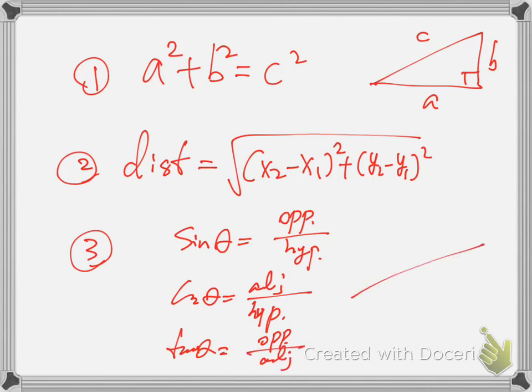We are looking at angle theta here, so this side is the opposite side, this side is the adjacent side, and that is the hypotenuse side. Look at the opposite first; the adjacent side and hypotenuse make the angle. The other 3 are the reciprocals of sine, cosine, and tangent. So that's today's lecture.